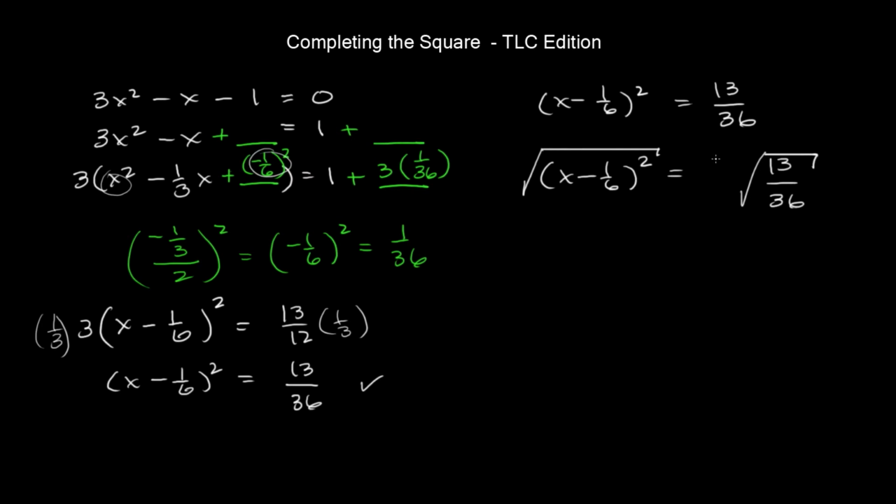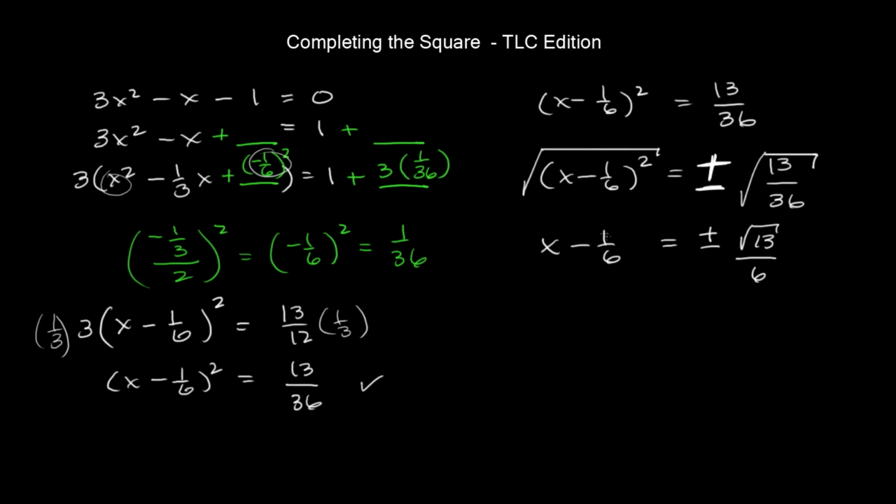Again, don't forget the plus minus. I get x minus 1/6 is equal to plus or minus square root of 13 over. Now, instead of writing square root of 36, I'm just going to write 6. I think you guys see that already.